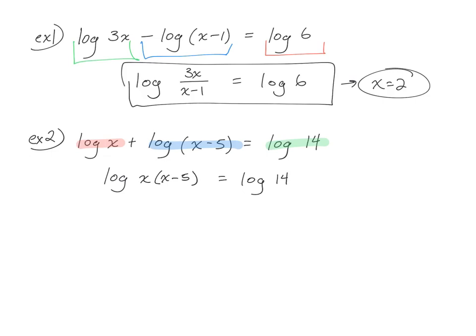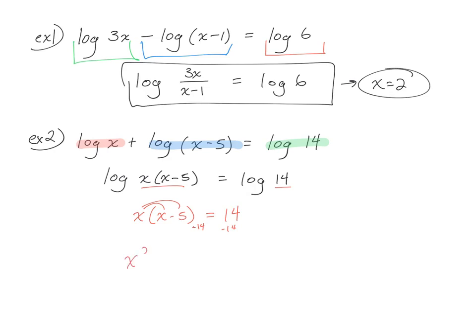Now look at this. We only have one log on the left-hand side, which allows us to set the arguments equal to each other. So we will have x times x minus 5 equal to 14. And we can distribute the x, and at the same time, I'm going to subtract 14 from both sides.